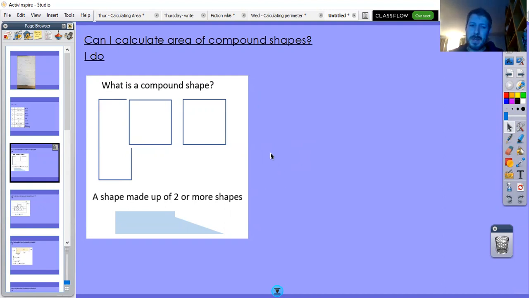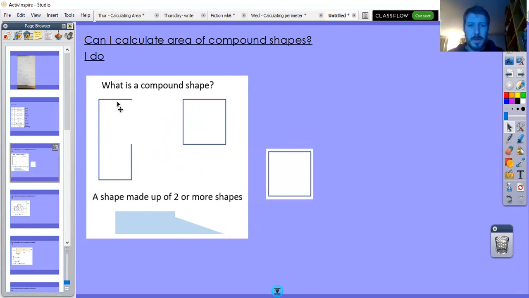So a compound shape is a shape which is made up of two or more shapes. So here we've got this rectangle plus this square.